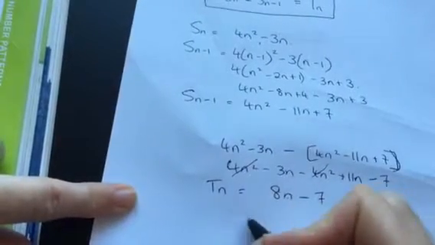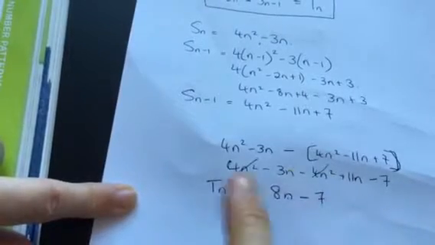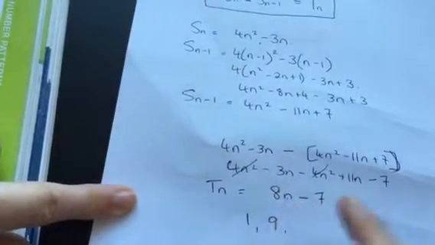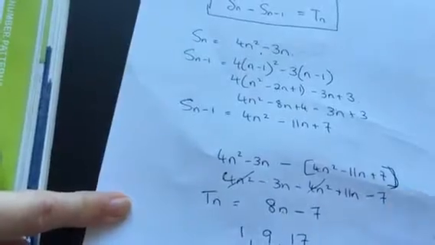And that's Tn. Which means that if I want T1, the first term, anywhere I have an n, I put in a 1, I'll get the answer 1. If I want T2, anywhere I have an n, I'll put in a 2 and I'll get 9. If I want T3, anywhere I have an n, I can put in a 3 and I'll get 17.